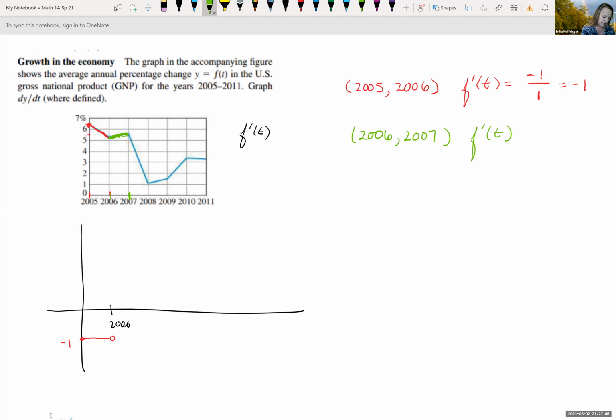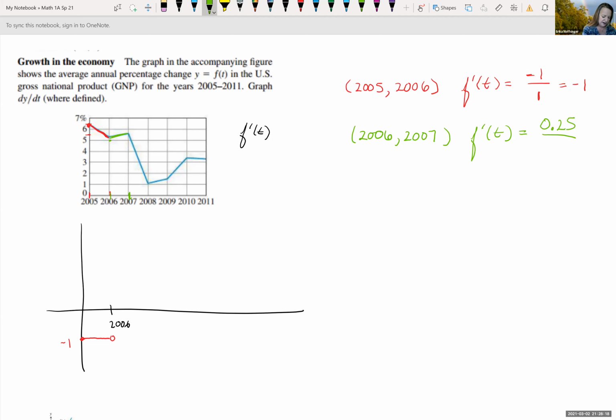So let's see what we're doing. It looks like we are going from this 5.5 to maybe 5.75. So f prime of t, we're raising how much? Well, from 5.5 to 5.75, I can look at that change, 5.75 minus 5.5, that's 0.25.